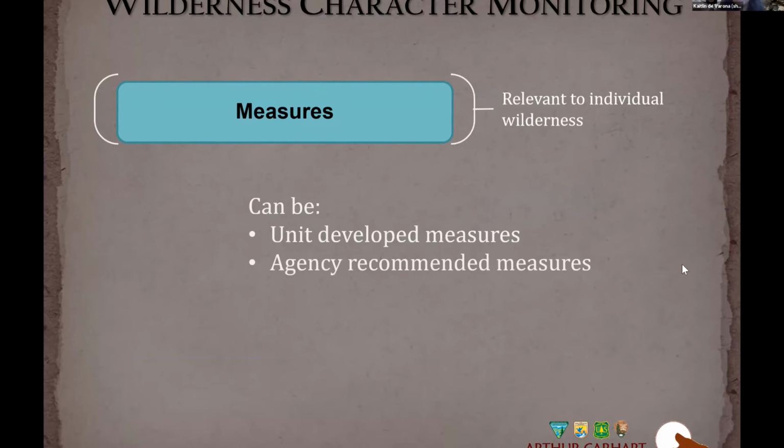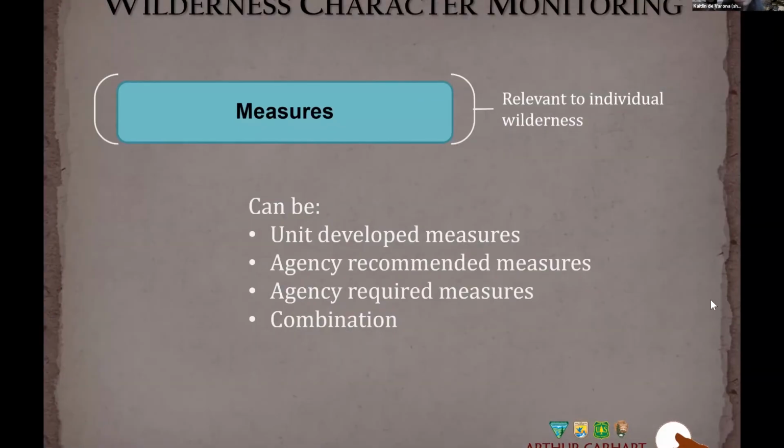Some agencies have required measures: here's a standard list, you'll pick all of these, or a combination of some required and some you pick from this list. And so this is how all the wildernesses were able to have the local relevancy of selecting what measures work for their wilderness, depending on their agency.